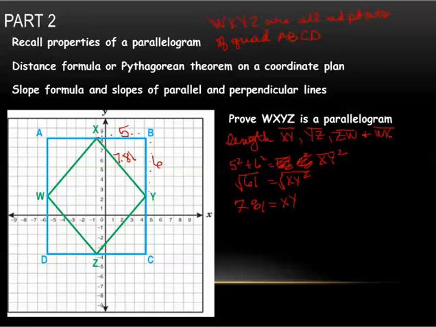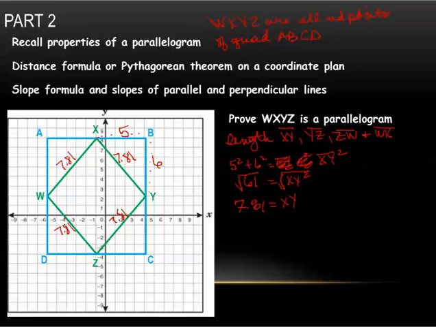Well, if you look at this example that I've drawn, every one of these is going to be 7.81 because they all have the same leg measures. Now, the one on your test isn't going to be that easy, okay?